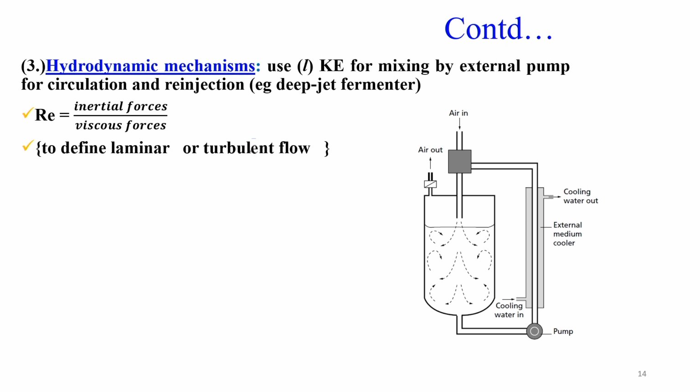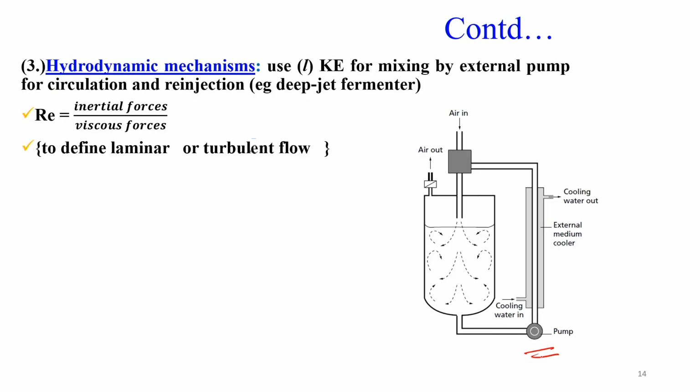Another method to improve the performance of the pneumatic system further is to have an external pump for better recirculation. So, use kinetic energy for the mixing by an external pump for circulation and re-injection. It is circulating and it is re-injecting. So, we have to increase the turbulence. If you increase the turbulence, you can achieve better mixing.